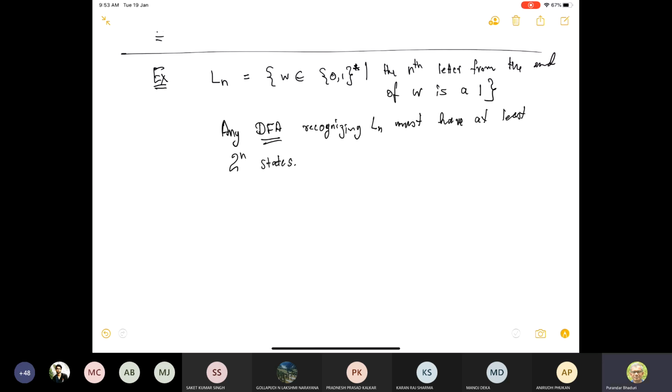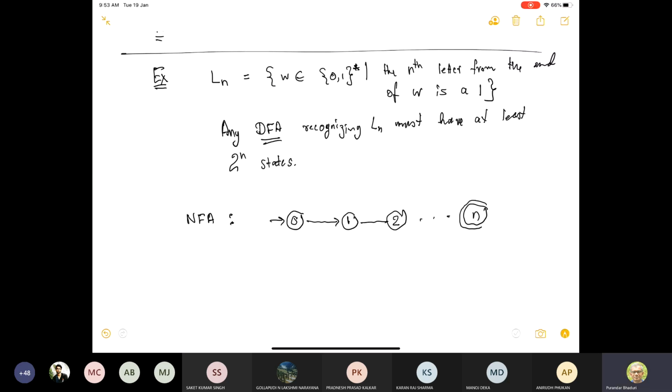But this is a DFA. What about an NFA? How many states do you need? Yes? Any guess? N states. Well, n plus 1 actually. So 0, 1, 2, and so on up to n, right?